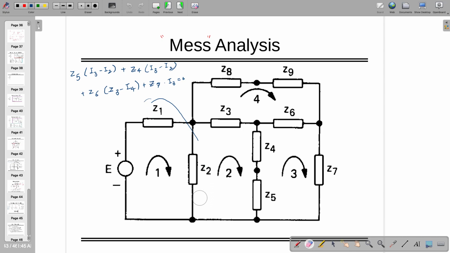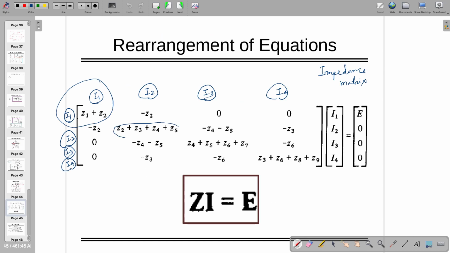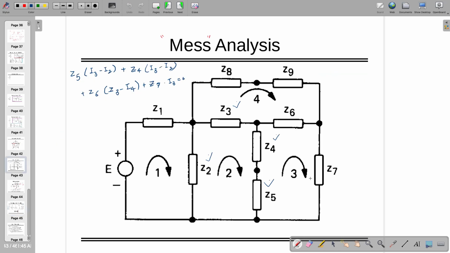Current I2 is flowing through how many components? Z2, Z3, Z4 and Z5. Similarly, can you tell me about Z33 and Z44? Z33 is 5, 4, 6, 7, and Z44 will be 3, 6, 8, 9.